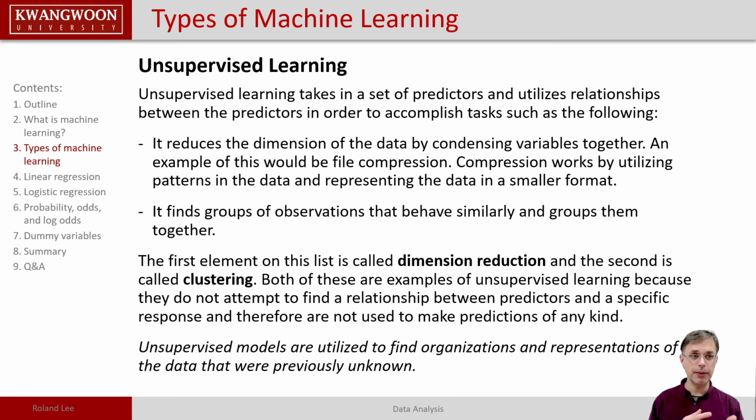It reduces the dimension of the data by condensing variables together. An example could be simply given by file compression. Compression works by utilizing patterns in the data and representing the data in a smaller format.